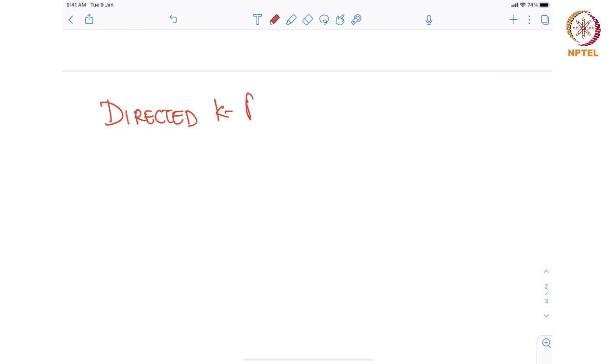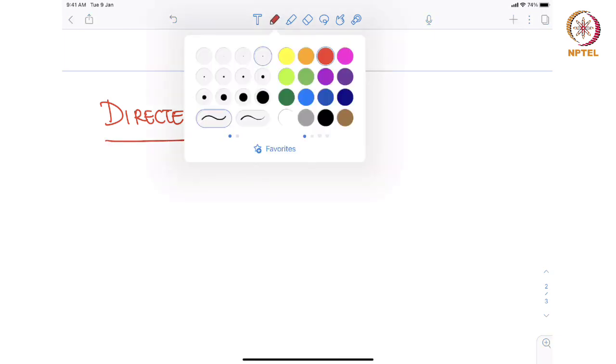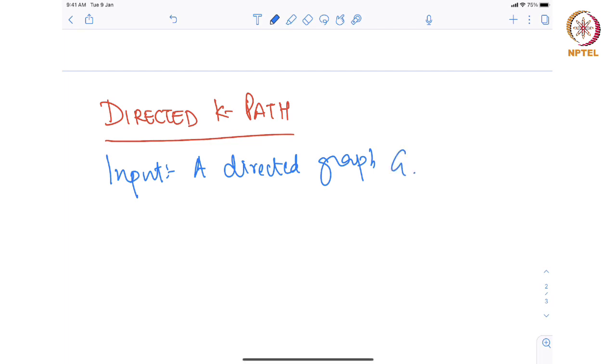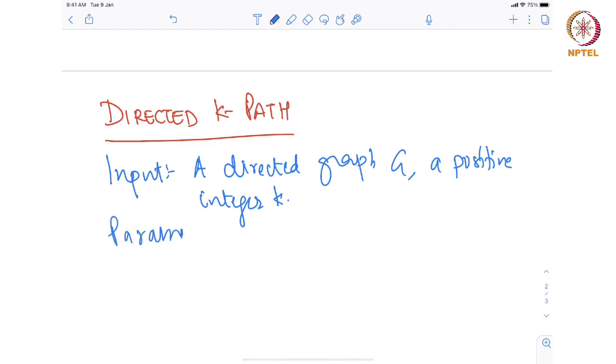So as you all know, input is going to consist of a directed graph G, a positive integer k, and the parameter is definitely k.